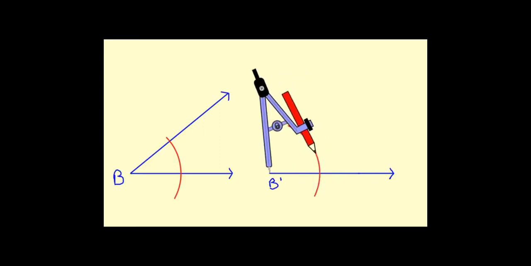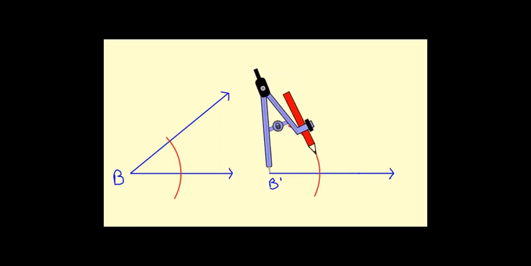What I need to do is draw the second ray so that the 2 angles will have the exact same size. To do that, I'm going to take my compass and put the point of my compass at B, and then draw an arc that intersects both of the rays. Then without changing the compass, pick it up, put the point on B prime, and draw another arc.